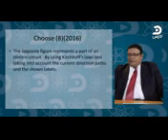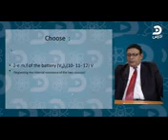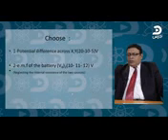Question number 8. Choose. The opposite figure represents a part of an electric circuit. By using Kirchhoff law and taking into account the current directions, path and the showing table, choose.